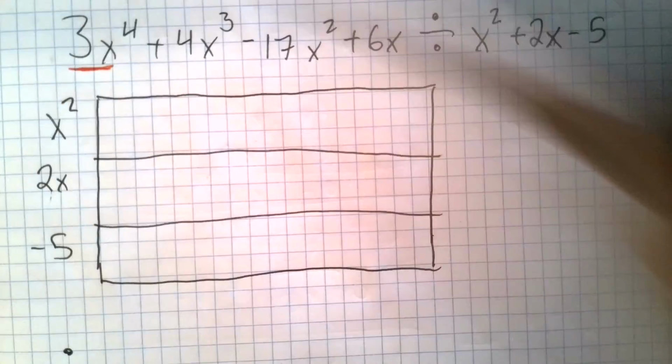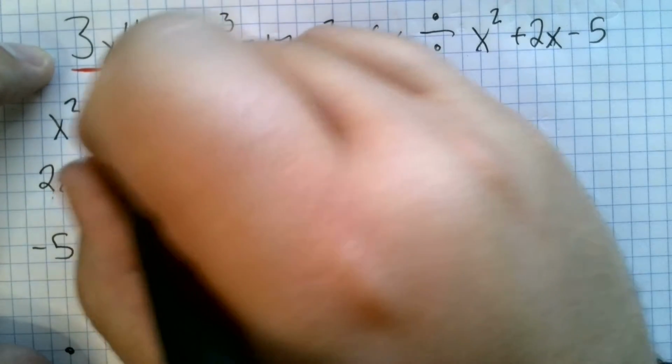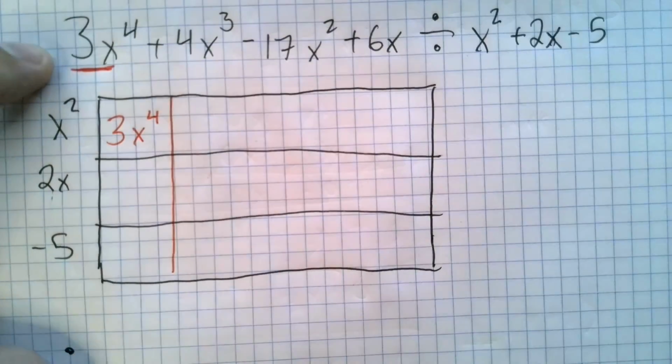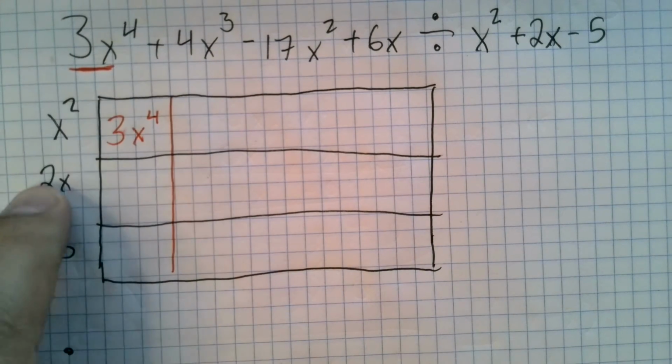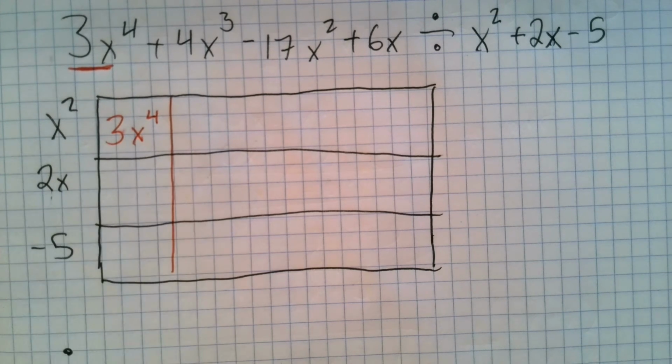First off, the lead term of your dividend goes in the top left box. Then we ask ourselves, what multiplies x squared to get to 3x to the fourth? If you're using long division, you're asking yourself the same question.